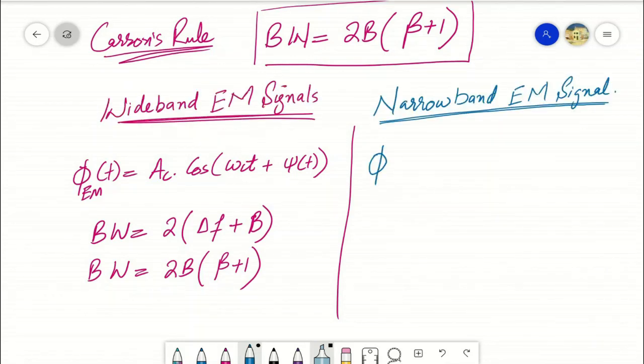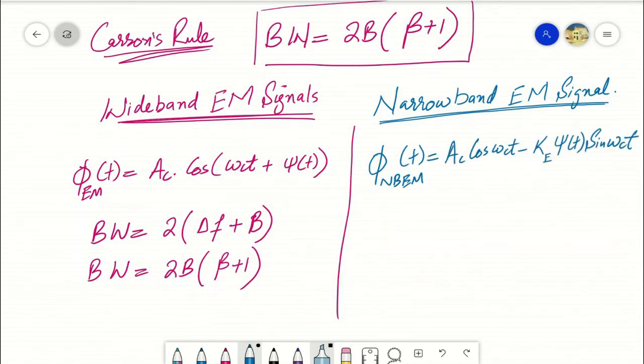The time domain expression derived for narrowband exponential modulated signals can be expressed as this, and the bandwidth consumed by such narrowband exponential modulated signals is exactly twice the bandwidth of information signal.